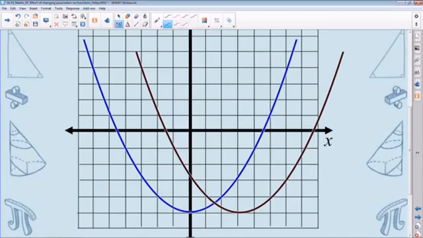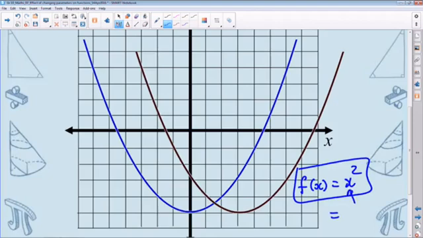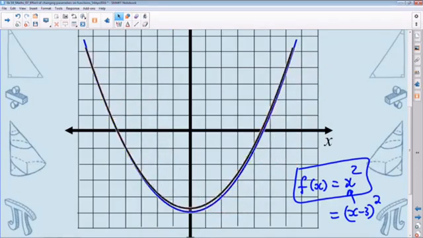So if you look, this is your f of x, which for the first part, the mother function was f of x equals x squared. What you are doing to this is moving it 3 units to the right, so it's x minus 3 all squared.